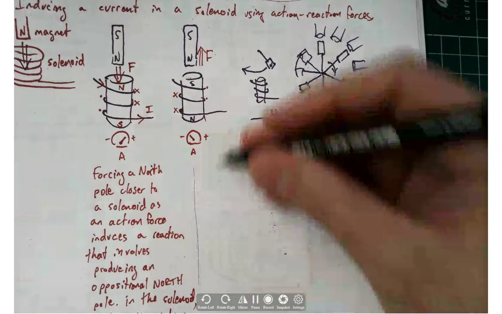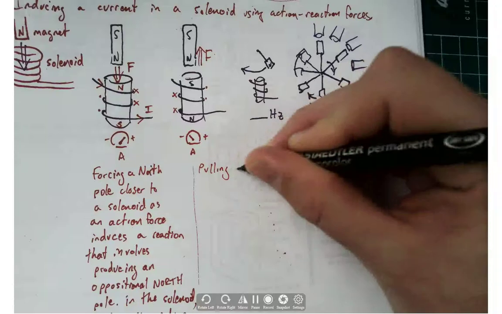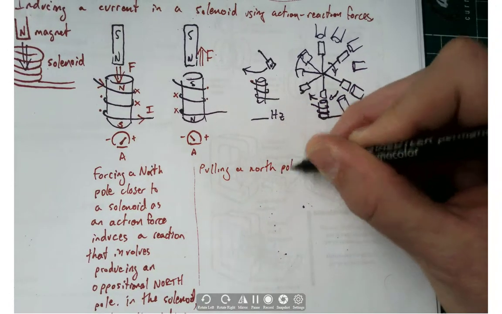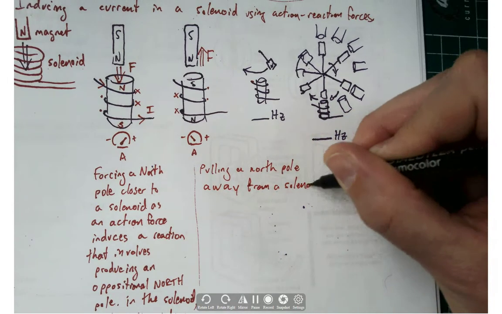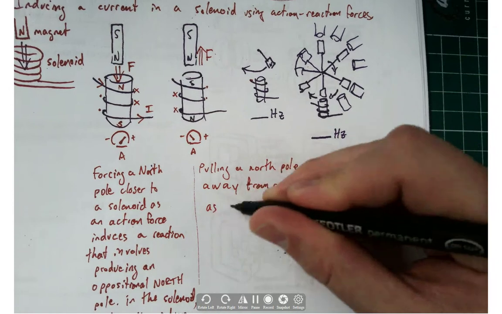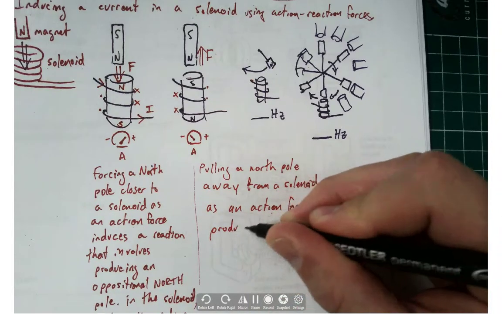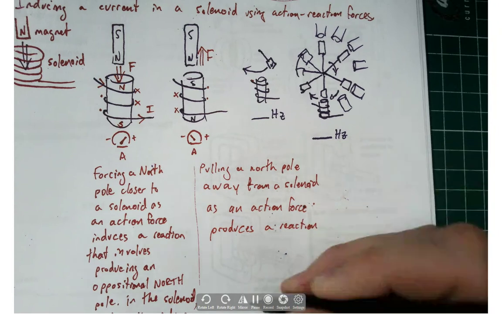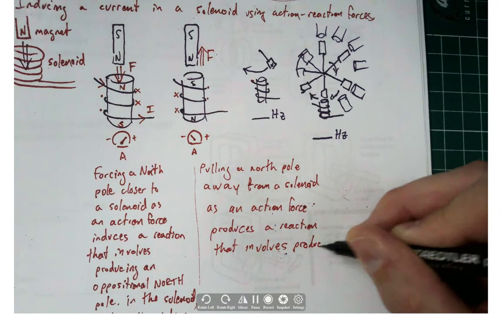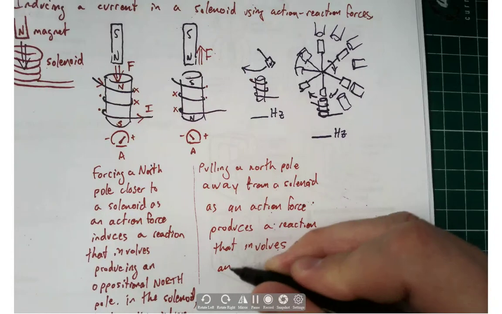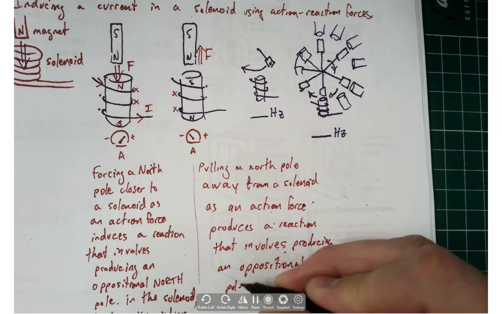I could say this, though, on the other diagram. So this is for the first diagram, pulling a north pole out of a solenoid or away from a solenoid, as an action force, produces a reaction that involves producing an oppositional south pole in the solenoid.